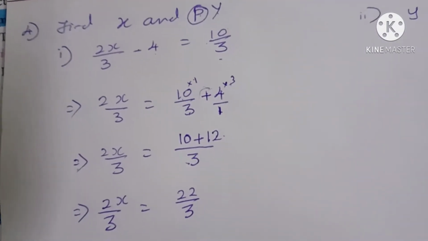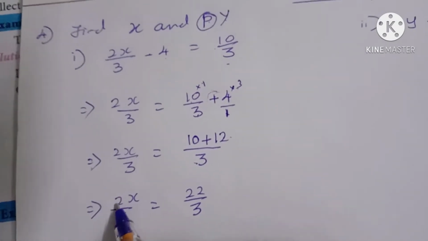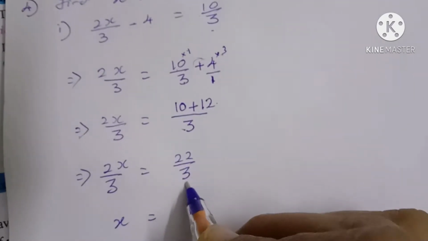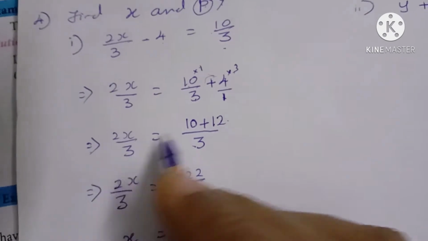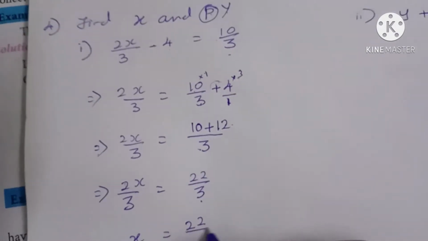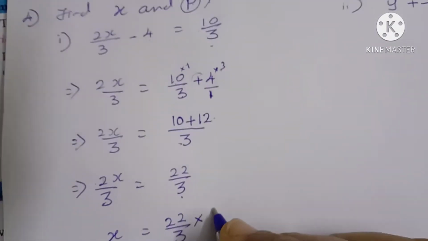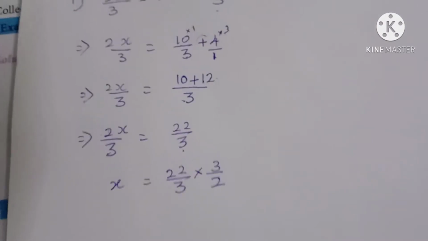Then x is equal to, the question is in the multiplication, that is 2 by 3 into x is equal to 22 by 3. So when you bring 2 by 3 to your right hand side, if it is in the multiplication, the fraction you have to take as a reciprocal when you take to your right hand side.